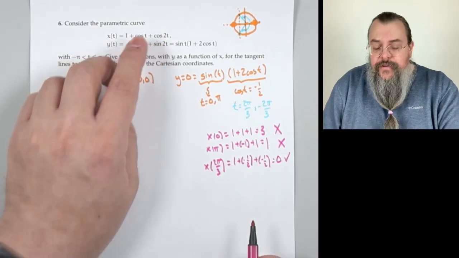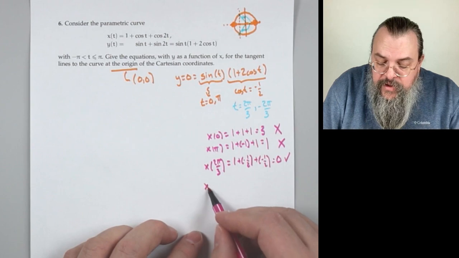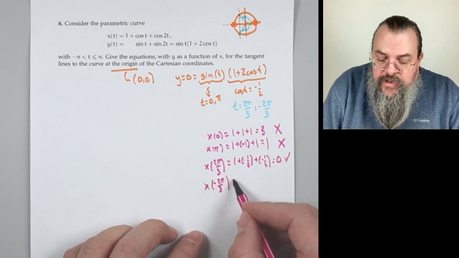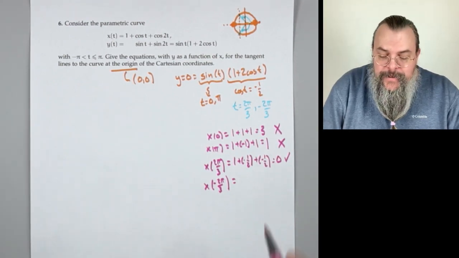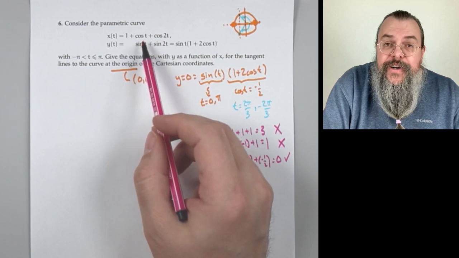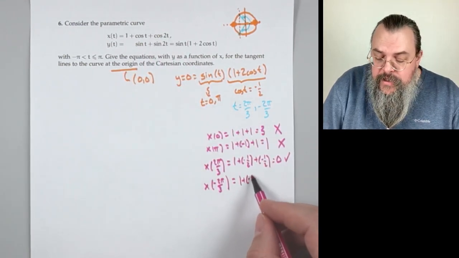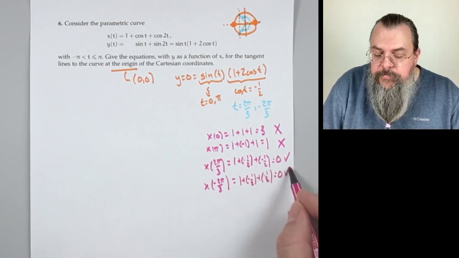So that's good news. So that one does work. What about negative 2 pi thirds? Now, you might think, this is going to be hard, but then you remember something. Cosine is even. So whether I plug in a positive or a negative doesn't change the response. So I'd still have 1, negative a half, and negative a half, which is still 0.